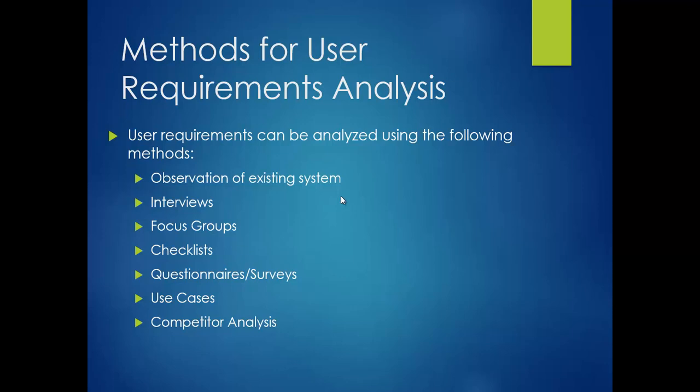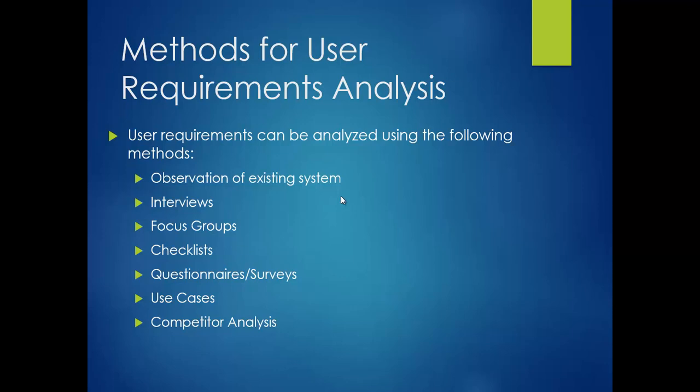The different methods for user requirements analysis, and this is what I was talking about, is if it's an existing system, then we can observe and document what the user needs. We can interview the users and collect the requirements. We can make focus groups and ask them exactly what they need, and then document that. We can do checklists.